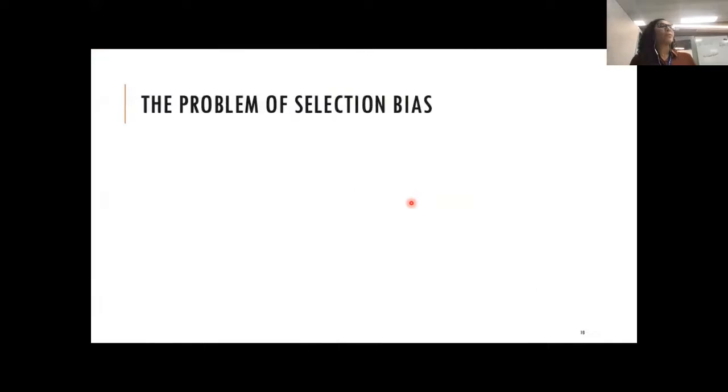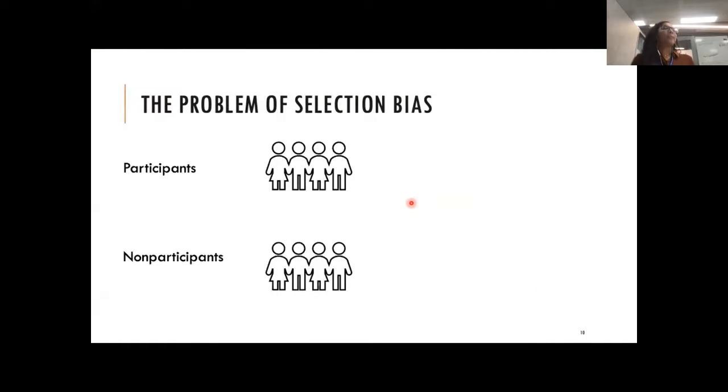The problem of selection bias is basically that we have participants and non-participants, and at the beginning of time we think they're exactly the same, but for some reason that we cannot really see, our non-participants are different, and the things that make them different may also be related to the outcome we want to measure.